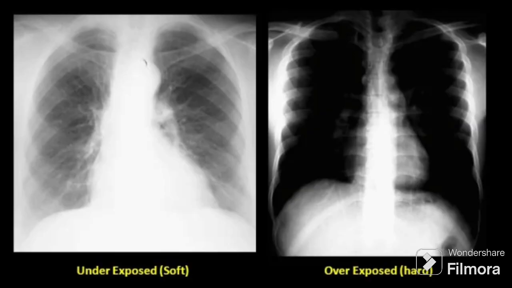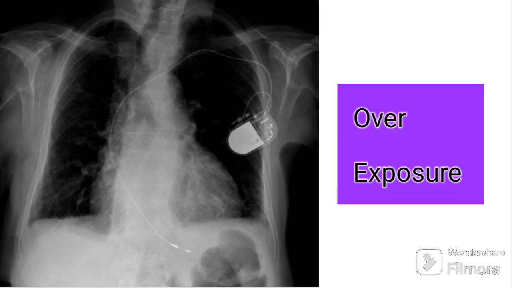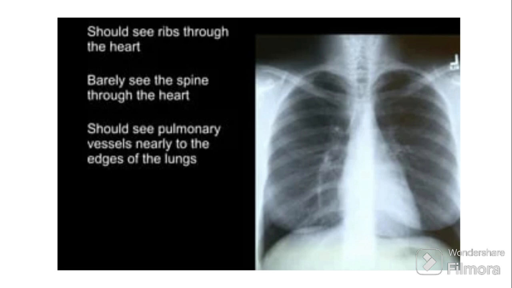The next one is exposure. To check exposure, you have to focus on the lower thoracic vertebrae. You can see the margins of the lower thoracic vertebrae are barely visible to us. If this margin is clearly visible to us, it means the X-ray is hyperexposed.